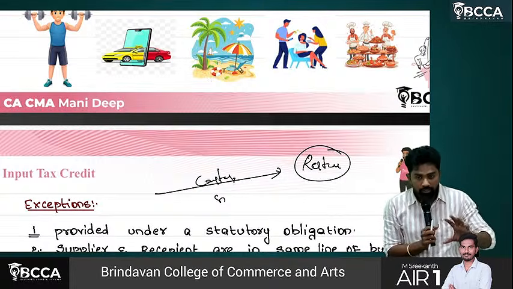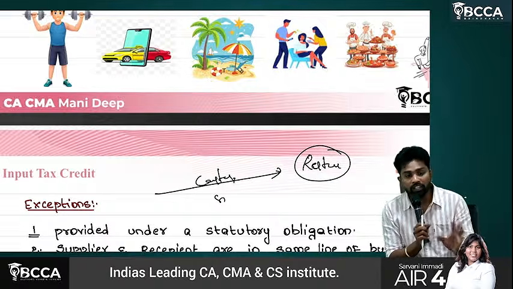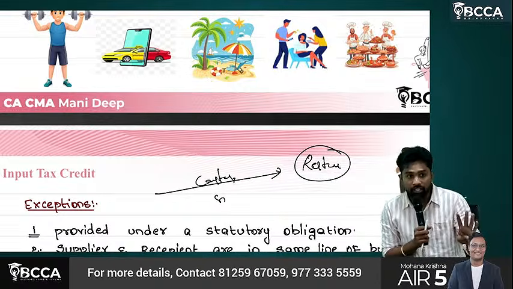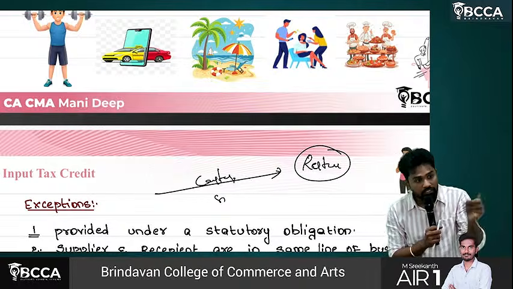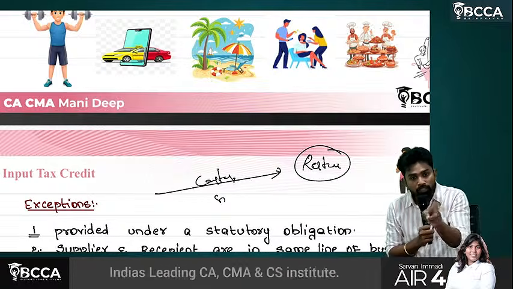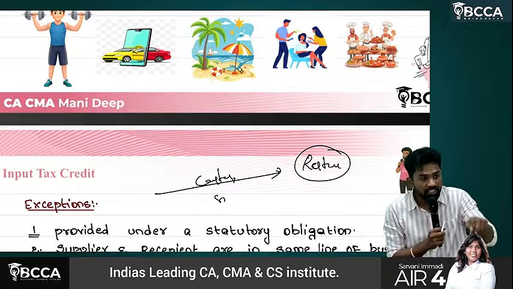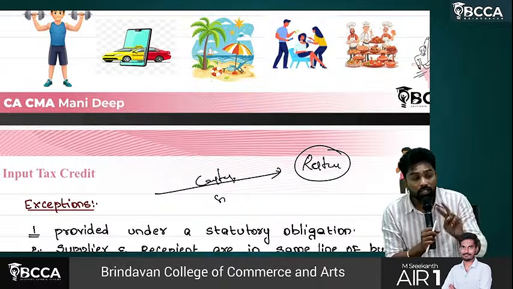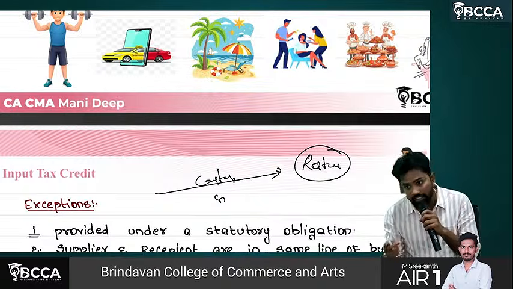I just serve the people and provide the ambience. So I'm running a restaurant, but I'm taking catering service from someone else. Since both are in the same line of business, this restaurant can avail ITC on the catering contract. Both are in the same line of business, so they can avail ITC.